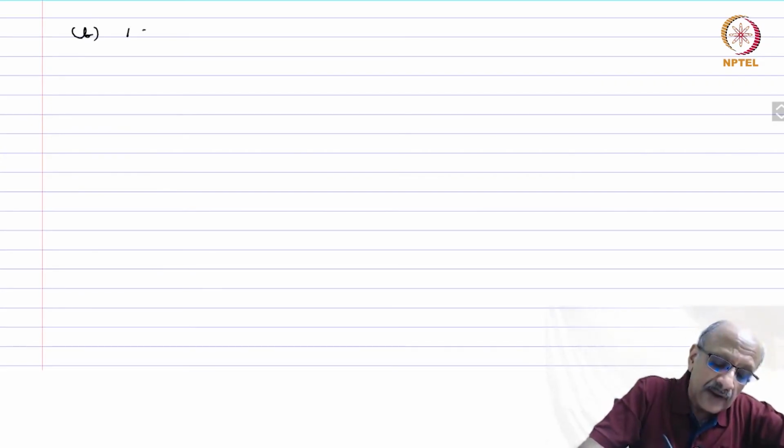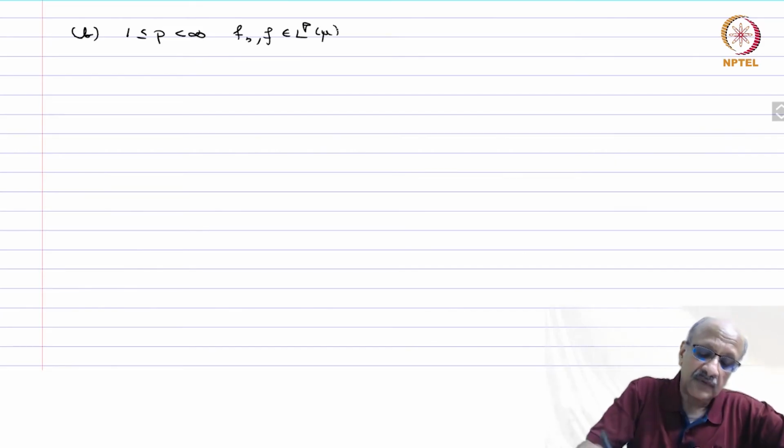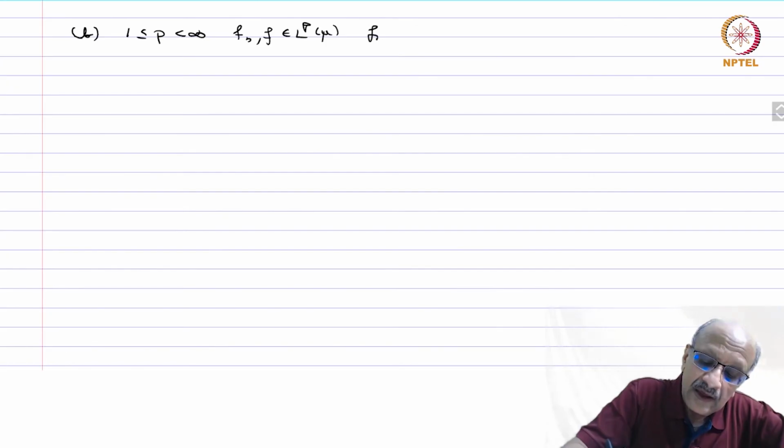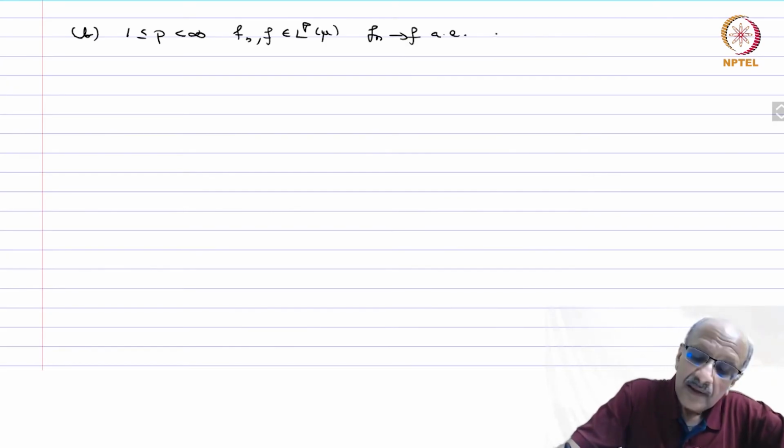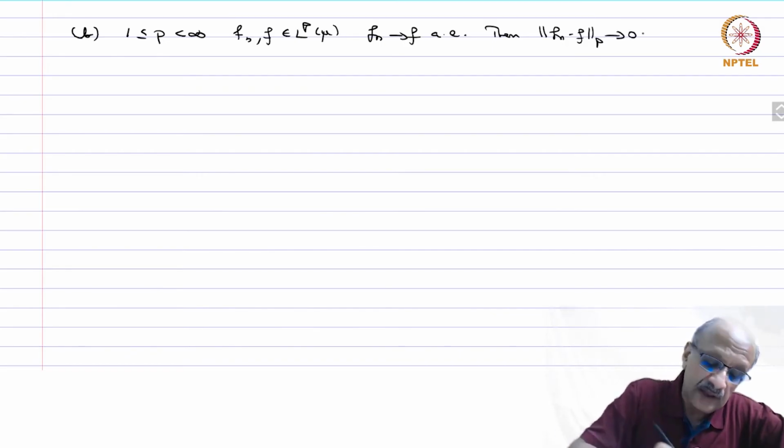So let 1 less than or equal to p less than infinity, and fn, f belong to L^p of mu. So you already know both of them are in L^p of mu. Then, and fn converges to f almost everywhere, then the norm of fn minus f in p goes to 0, that is fn converges to f in L^p, if and only if the norm of fn in p converges to the norm of f in p.